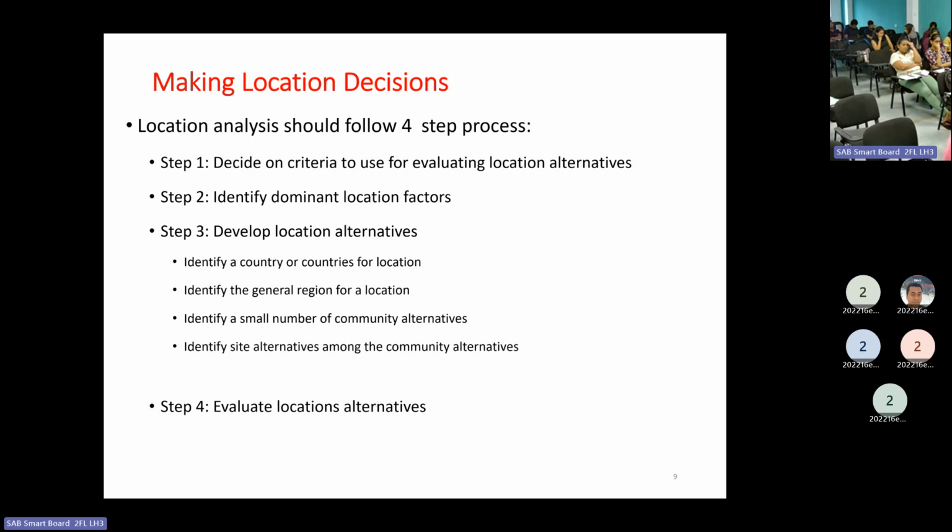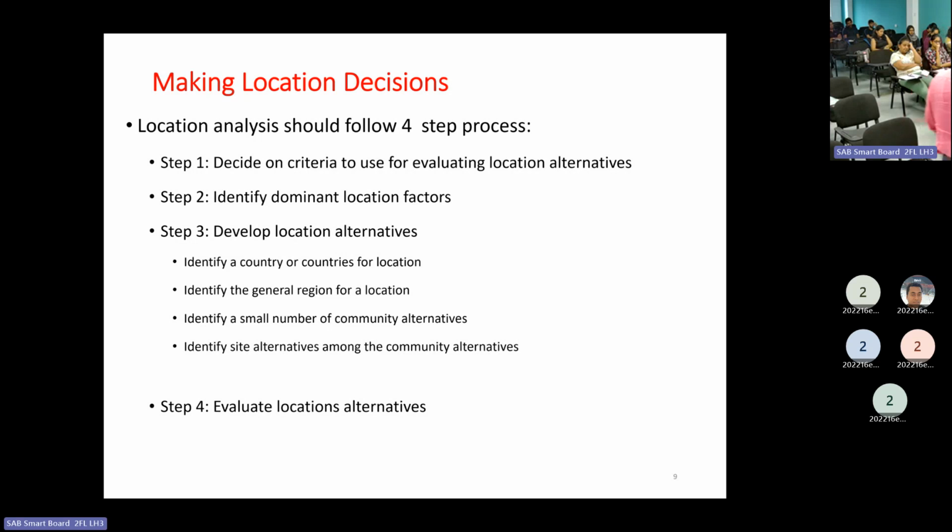To make location decisions, these 4 steps are recommended. First of all, decide what are the main criteria we are going to use for evaluating location alternatives. Managers should identify whether we are going to make a revenue-based decision, a cost-based decision, or use any other criteria. So we must be clear of it.